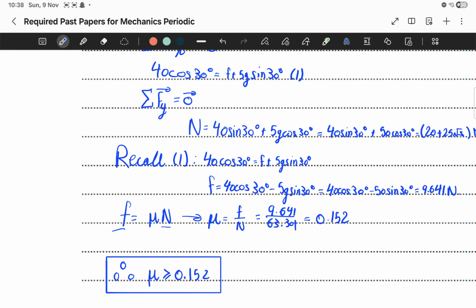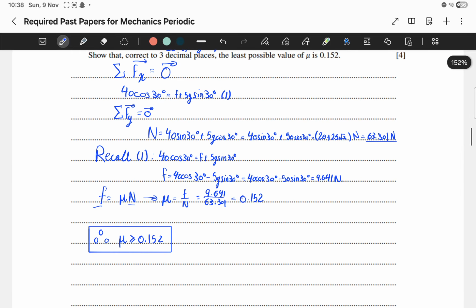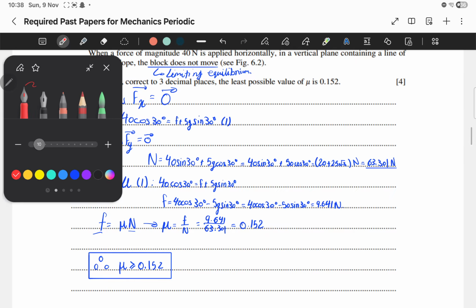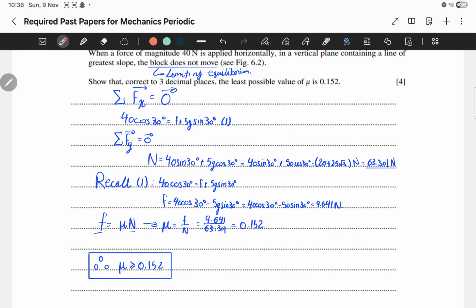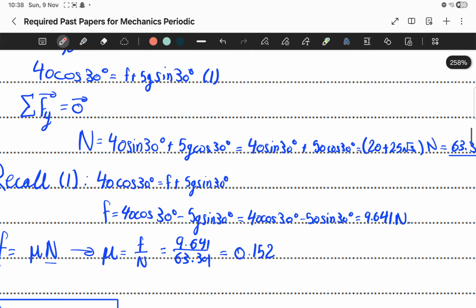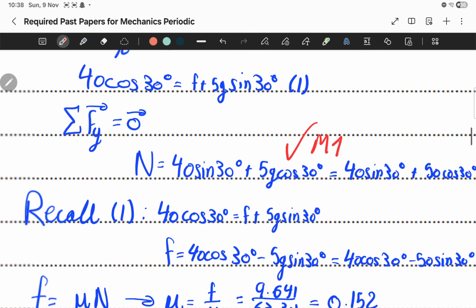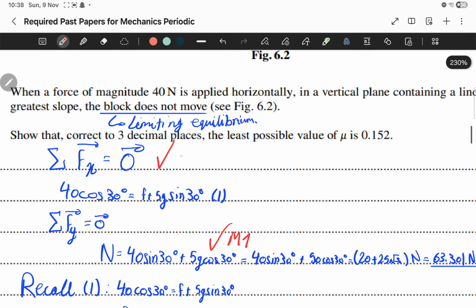That's fine. Okay. So the marks you'll get here are, R is equal to 5g cosine 30 plus 40 sine 30. So R in our case is N again. N is equal to 40 sine 30 plus 5g cosine 30. You get M1. And if you attempt to resolve perpendicular or parallel, so sigma of x or sigma of y, you'll get M1. Or sorry, this is A1.